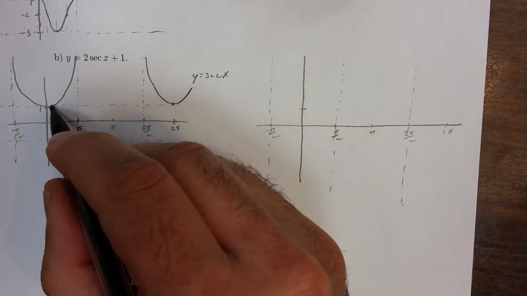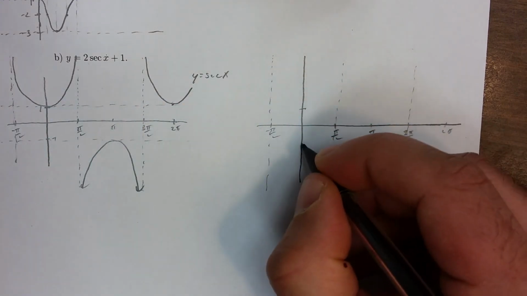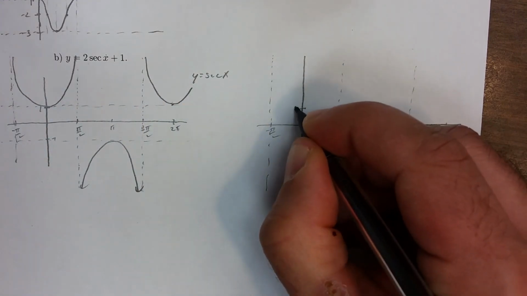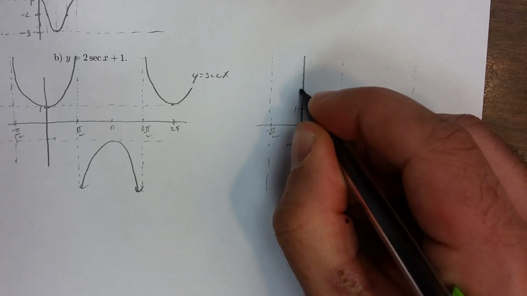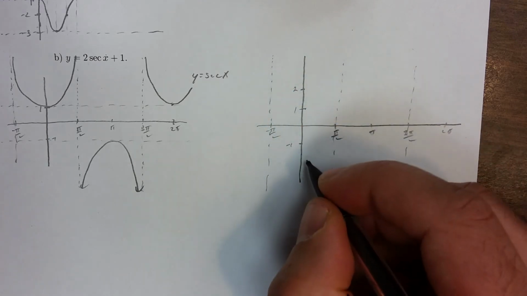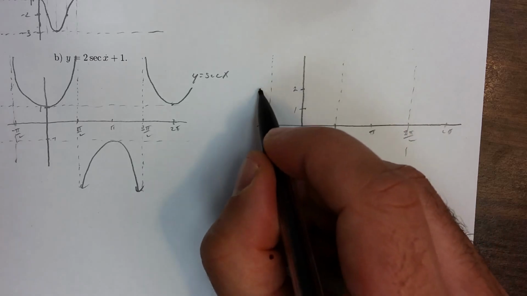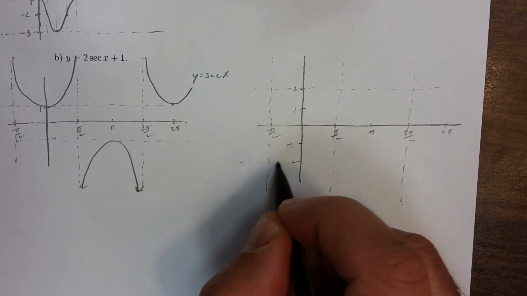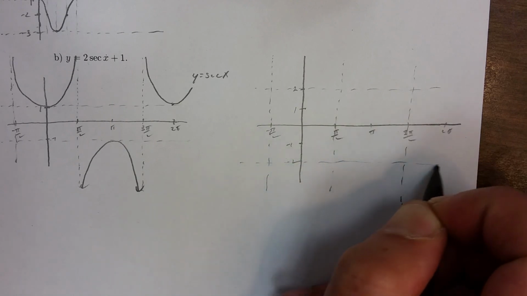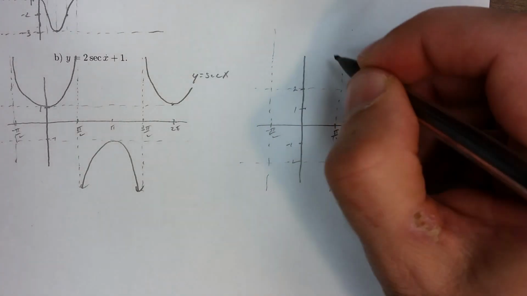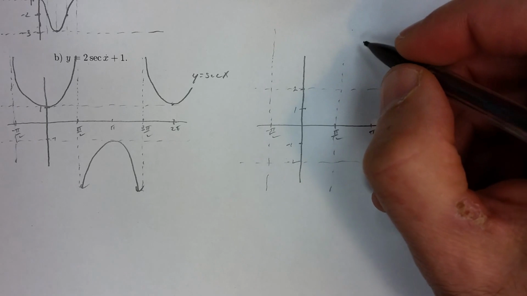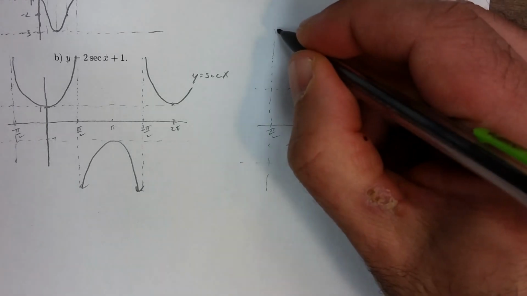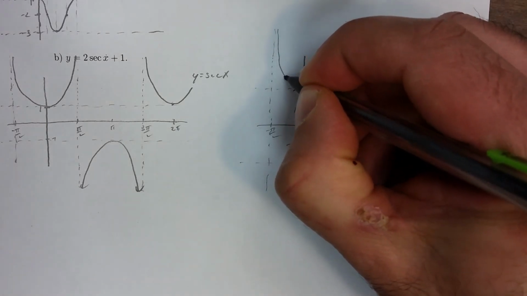But instead of going down to 1 and up to minus 1, so there's 1 and minus 1, since we're stretching everything vertically, we only go down to 2 and minus 2. So let's dot those in. But other than that, we more or less have the same shape we had before. This U now bottoms out at height 2.